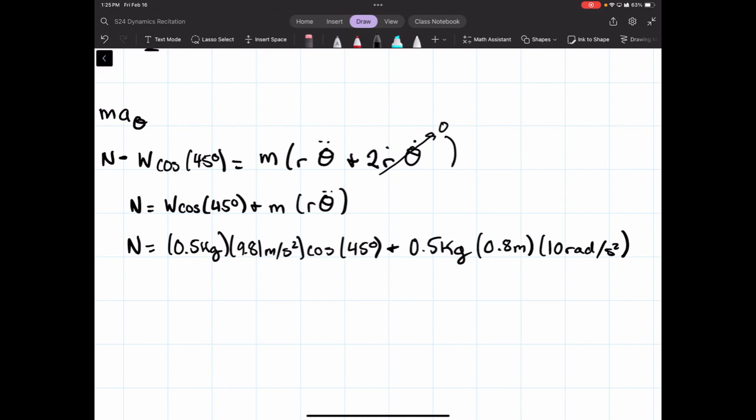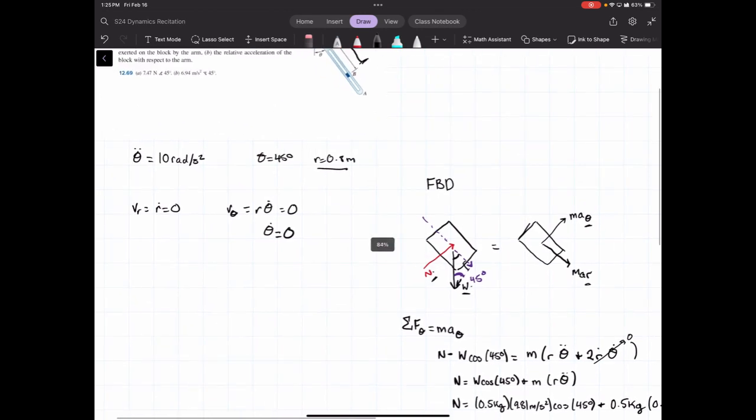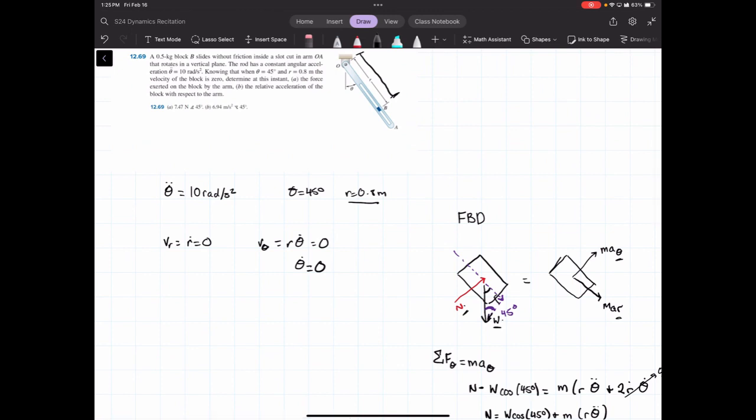When you go up to theta dot, you say r times theta dot is equal to 0. In this case, on the previous one, when we find theta dot, can you go up a little bit, please? Thank you. So why is theta dot 0 when r is 0.8? Because we are told that the block is at rest at this very instant.